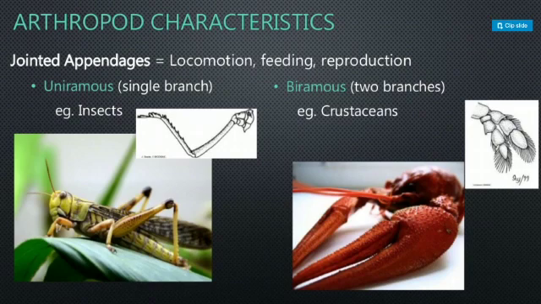The uniramous includes those insects which have a single branch of the appendages, while the biramous are the arthropods which have two branches of the appendages, like the crustaceans. As you can watch in the figure, the biramous have two branches of the appendages, while the uniramous have a single branch of the appendages.